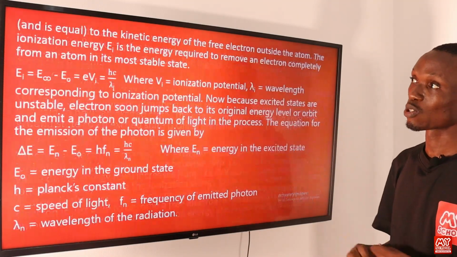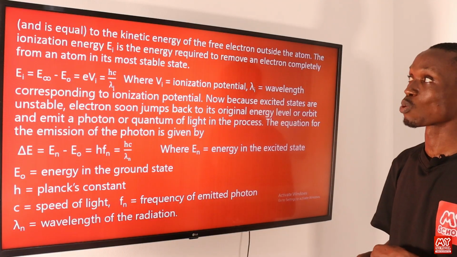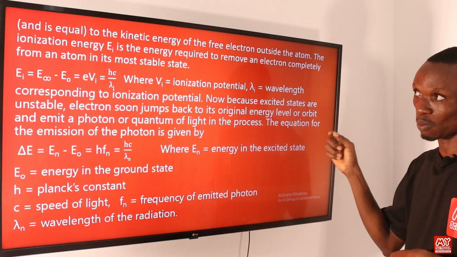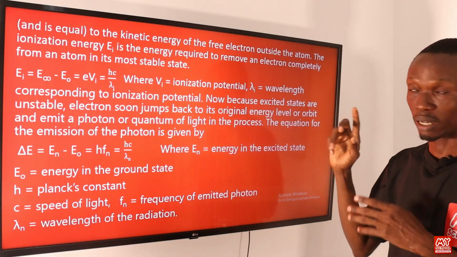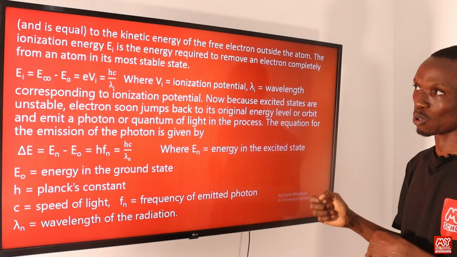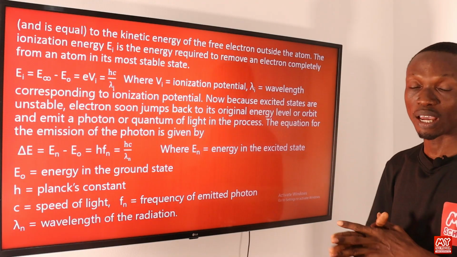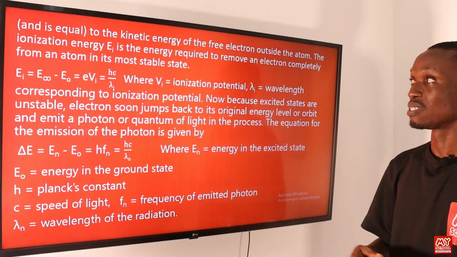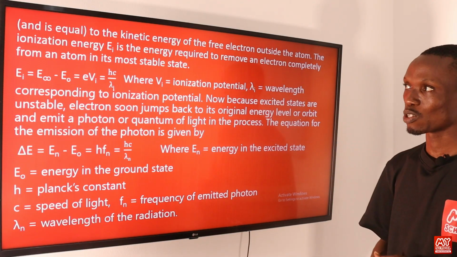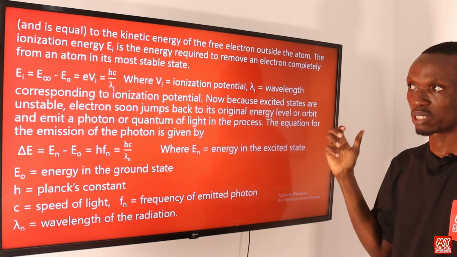So the excess energy is converted to kinetic energy of the free electron outside the atom. The ionization energy is the energy required to remove an electron completely from an atom in its most stable state.